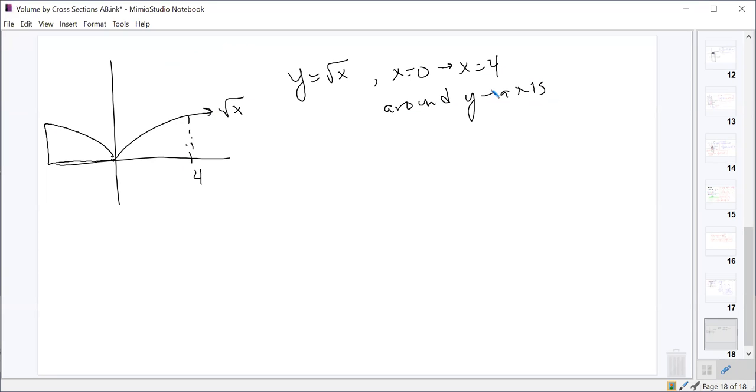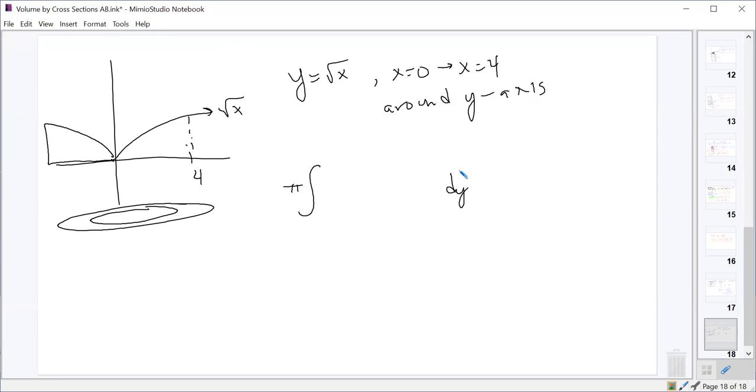What do I get? I get washer cross sections, don't I? Yep. So this should be pi times something with dy.